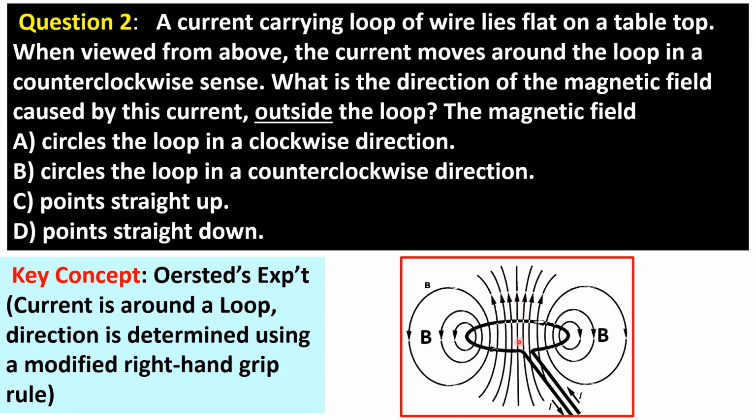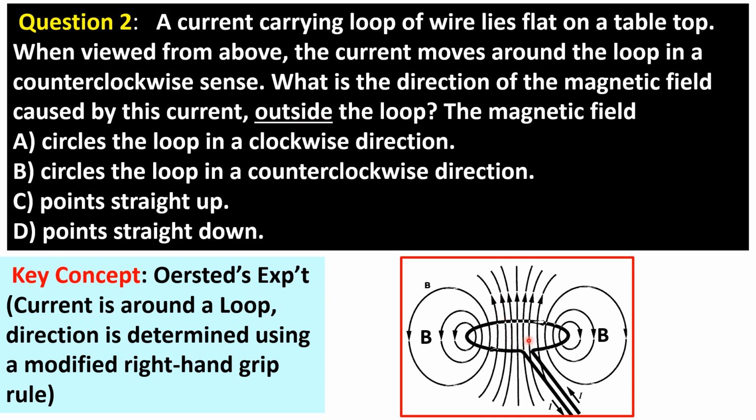So there is a catch in the question because of the use of the word outside the loop. We are not pertaining to the magnetic field inside the loop, but instead we're talking about the magnetic field outside the loop. That's why the word outside in the question is underlined, to give you a signal that that is not normally what is being asked.